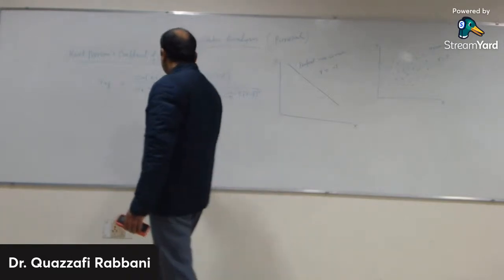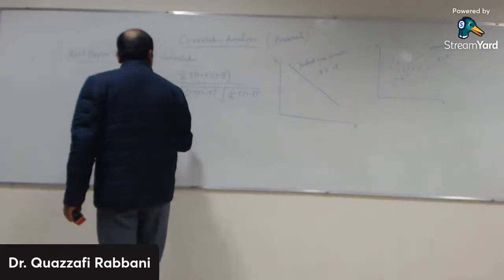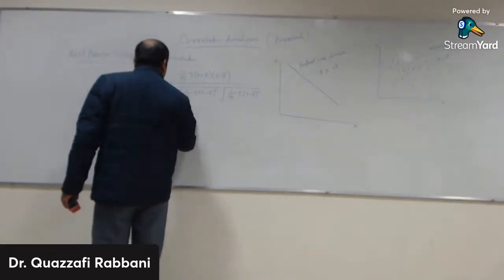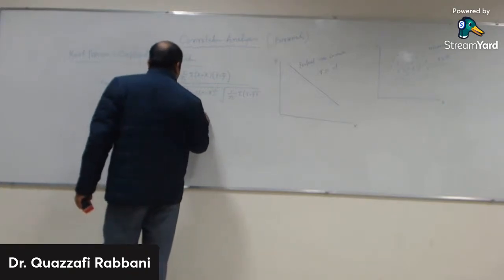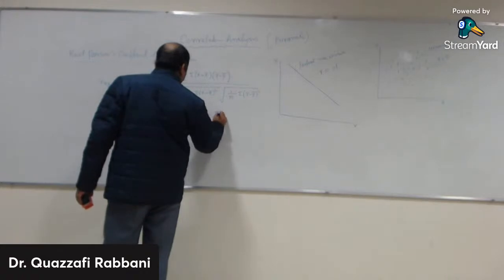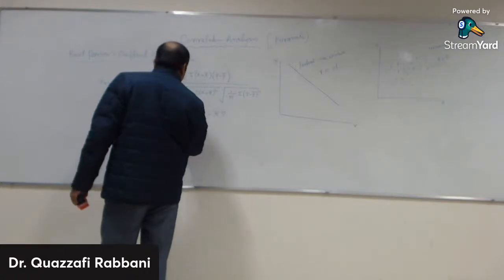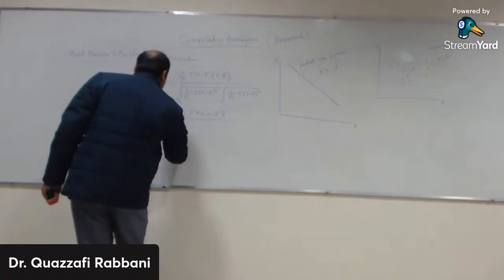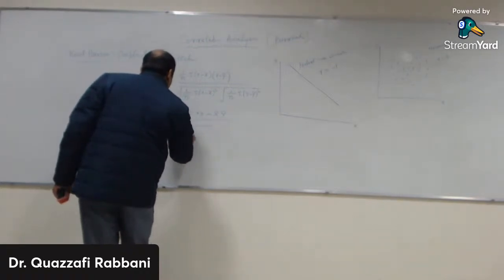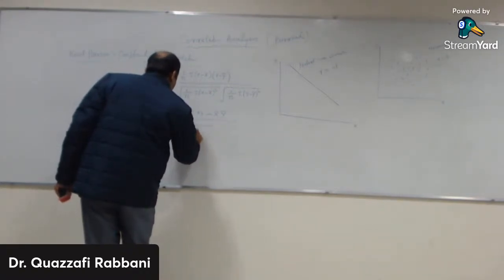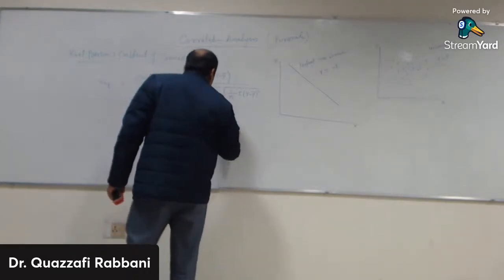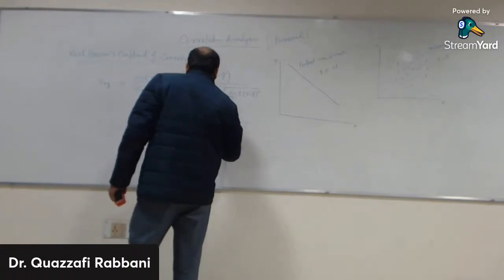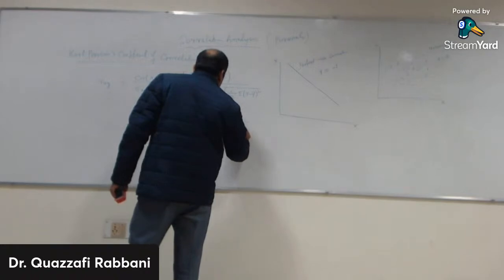This formula can be simplified into another form: 1 upon n summation xy minus x bar y bar, and the standard deviation of x is under root 1 upon n summation x square minus x bar square, similarly 1 upon n summation y square minus y bar square.